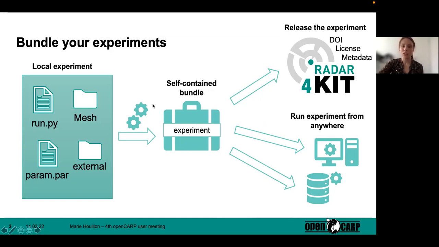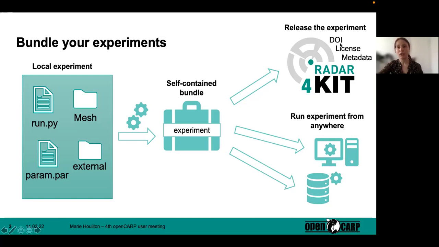There is also another part, which is the ability to share, to release the experiment in a persistent way according to the FAIR principles, which is in this case the possibility to release the experiment on the RADAR4KIT repository, which is a research data repository where your releases will be associated with a persistent identifier, here a DOI.